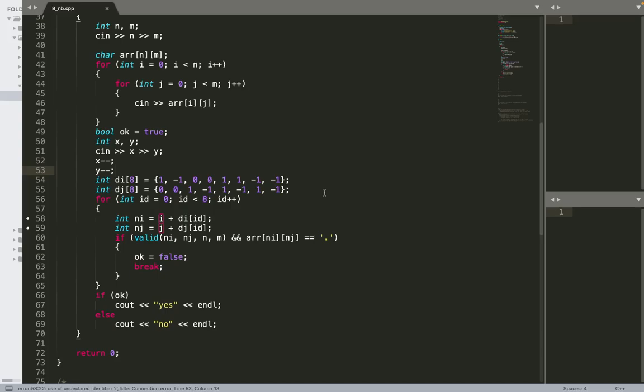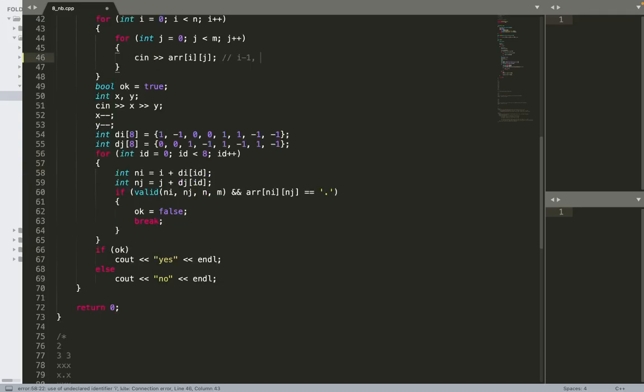So as you can see here, the max coordinate of the row will be n minus 1, and the max coordinate of the column will be m minus 1, and the min of them will be 0 for both of them. So that's what we need to check. Even after figuring out the new i and new j, they need to qualify the validity, that is, these are valid coordinates.